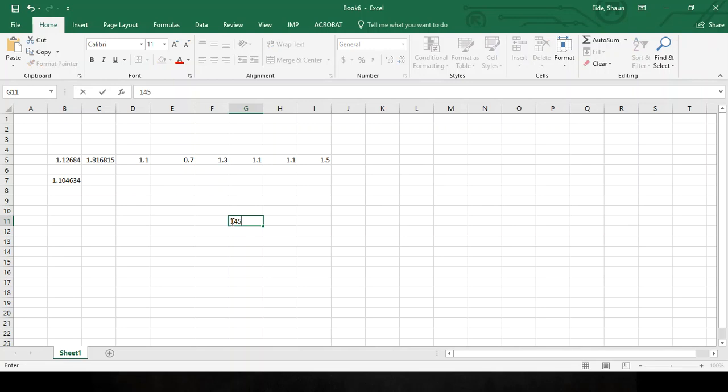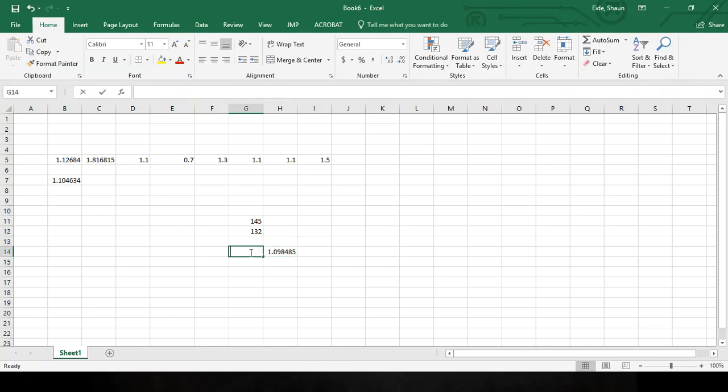So say, for instance, it's 145. And then the value at the start of the period was 132. And then you can do equals divided by 1.098. And then you can take the 12th root of this.